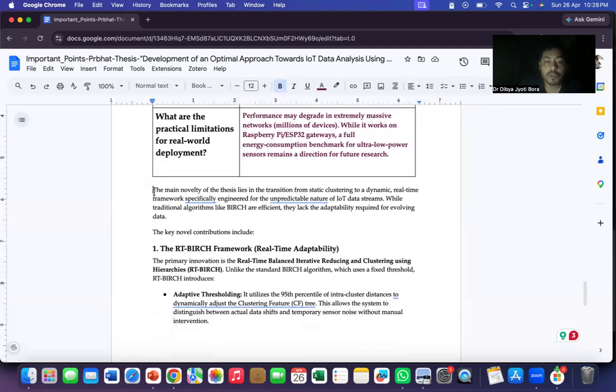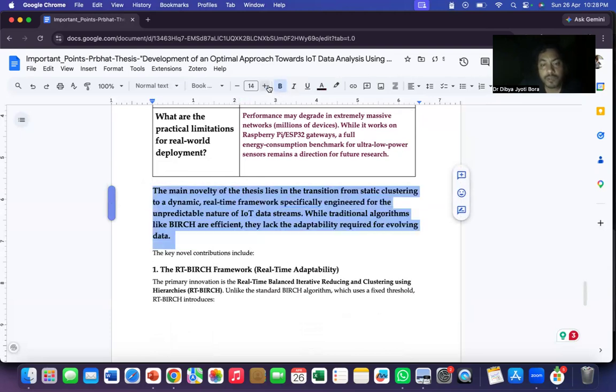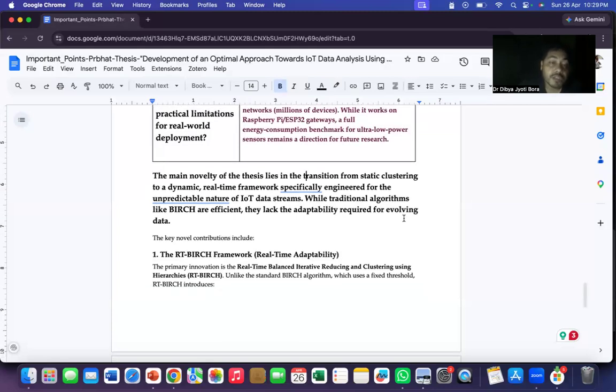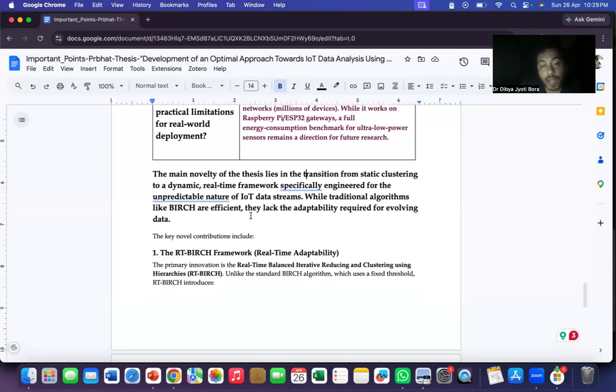Then some may be asking, what is the novelty? First novelty, I already told you, this BIRCH, RT-BIRCH we have introduced is a kind of novel of its type, because the main novelty lies in the transition from static clustering to a dynamic real-time framework, specifically engineered for the unpredictable nature of IoT data streams.